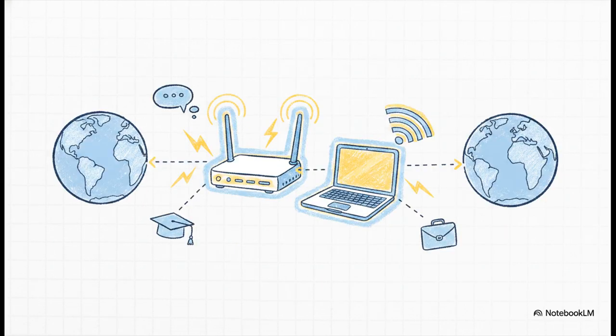Then we have technological connectivity, which is basically the digital nervous system of all this. Because of the internet and modern communication, we have instant global sharing of information. I mean, the days of waiting weeks for an international letter, long gone. We can now work, learn, and interact across continents in real time, which has totally transformed how businesses and schools operate.